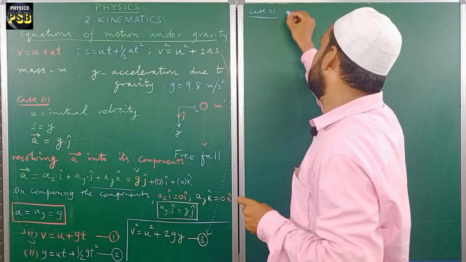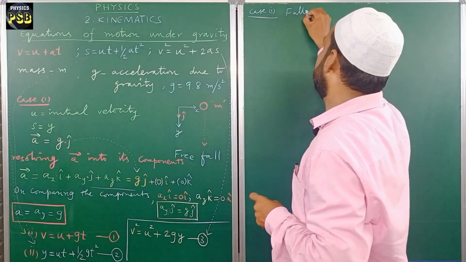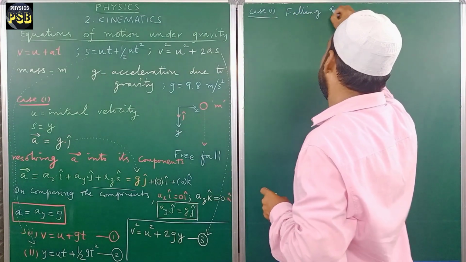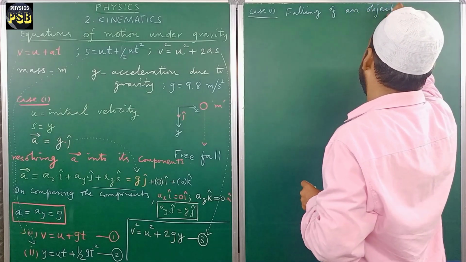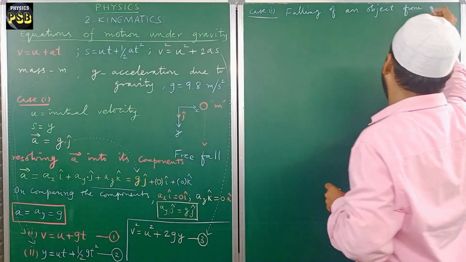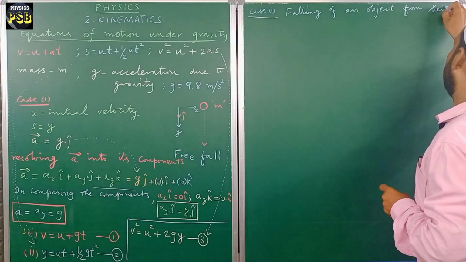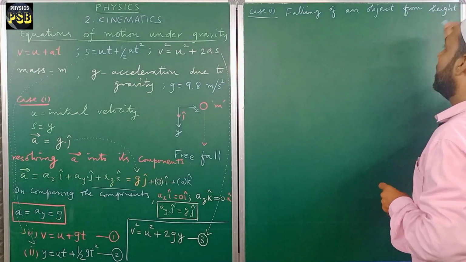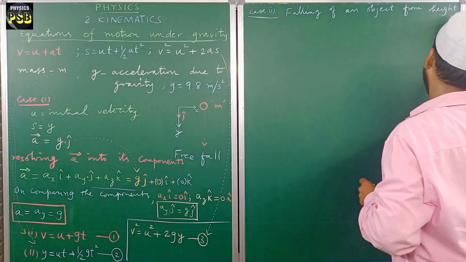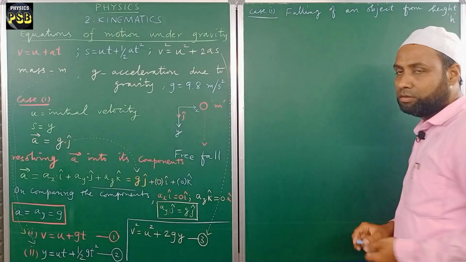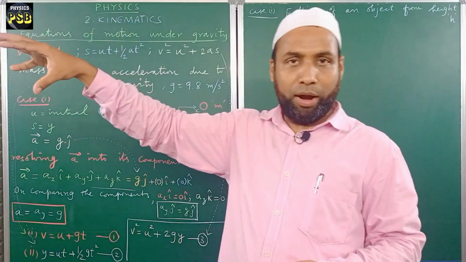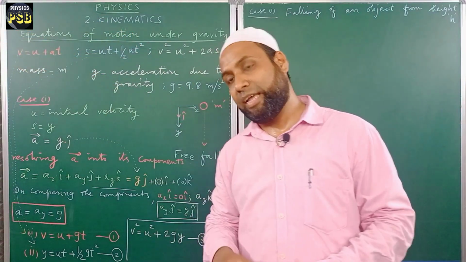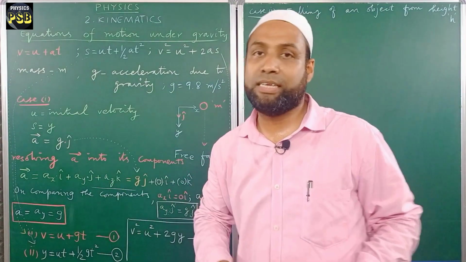This case 1 represents the falling of an object from height h. Suppose the object is placed at one point which is at height h from the ground surface.